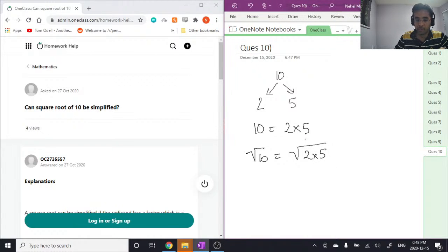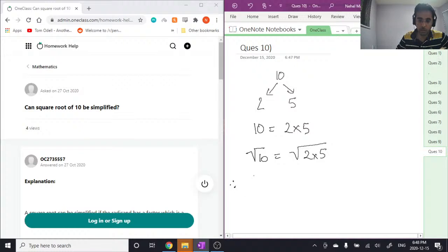Now to simplify any square root, we need to find pairs and then take those pairs out of the square root to further simplify. In this case, we don't have any pairs. Therefore, what we can say is square root of 10 cannot be simplified any further.